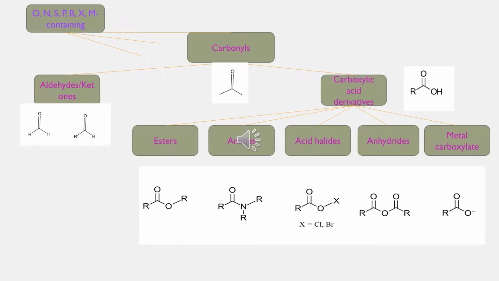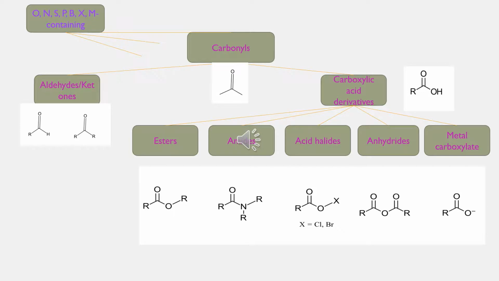Whereas with carboxylic acid derivatives, a carboxylic acid is as indicated, and you know that already. We've seen a lot of carboxylic acids when we looked at acids and bases. Acetic acid is a good example of a simple carboxylic acid.